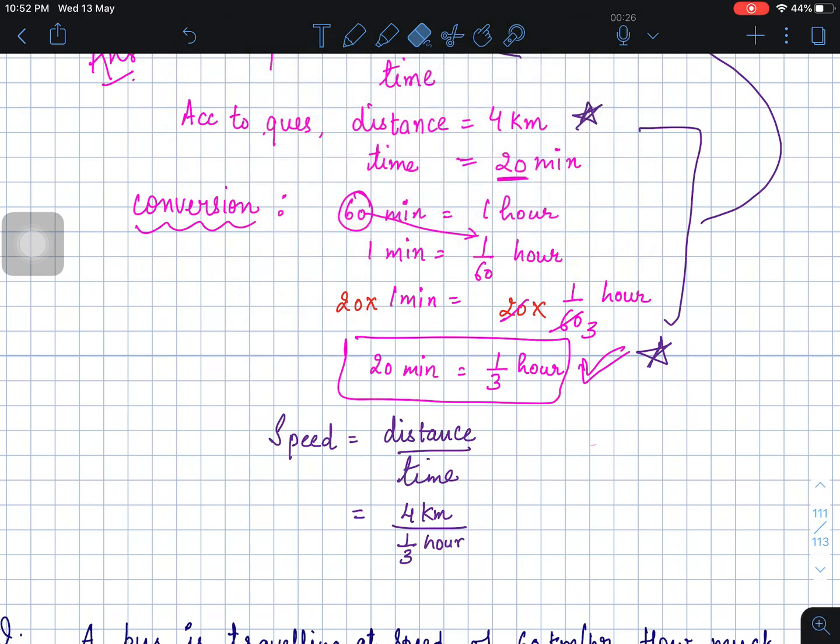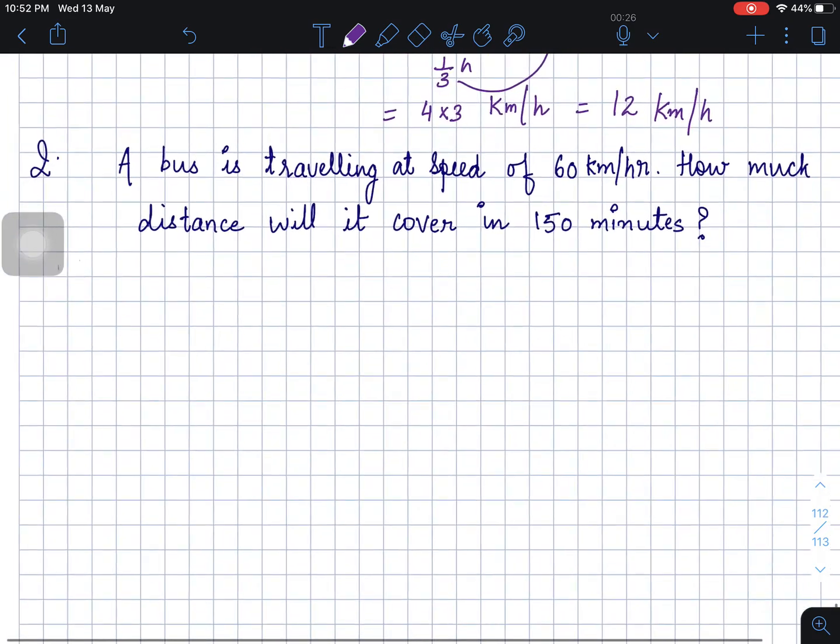Because 1 by 3 is in the division, this 3 will go here. So 4 into 3 kilometer per hour will be your speed, which is equal to 12 kilometer per hour. So this is how you get your answer. I have another example for you.